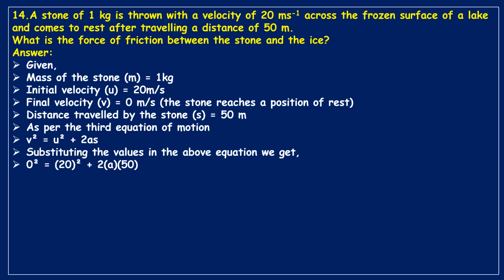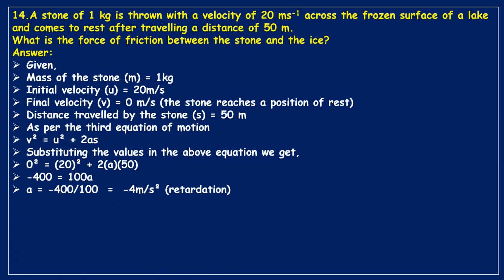So v square, it is at rest, right? It's given as 0 square, that is equal to u square, 20 meters per second, 20 square, plus 2 times acceleration into distance 50 meters. Now 20 times 20 is 400, that is equal to 2a into 50, which is 100a, right? If you bring this to the other side, 400 becomes minus 400, that is equal to 100a.